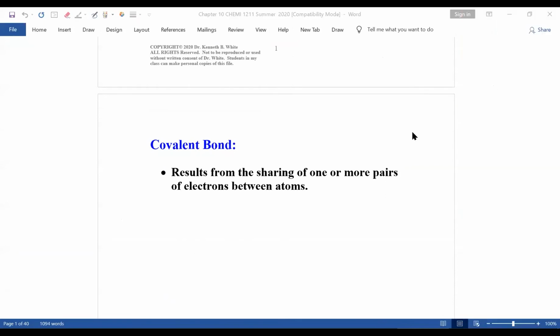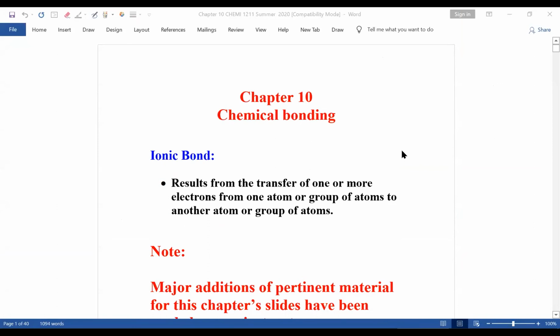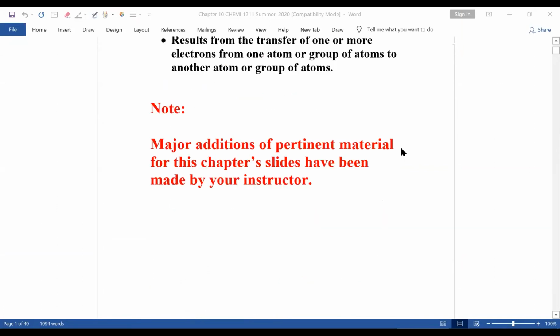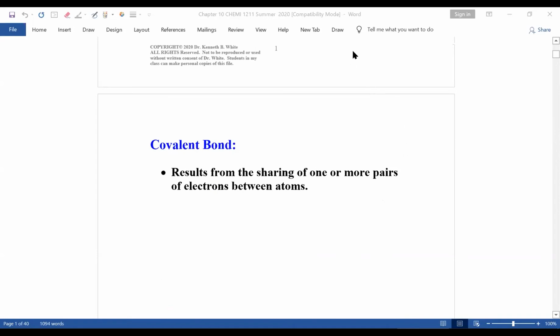All right, a covalent bond results from the sharing of 1 or more pairs of electrons between atoms. Now, ionic, you're transferring 1 or more electrons from one atom or group of atoms to another atom or group of atoms, whereas covalent, you're sharing 1 or more pairs of electrons.